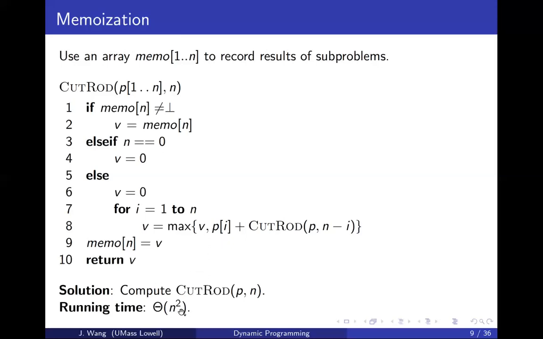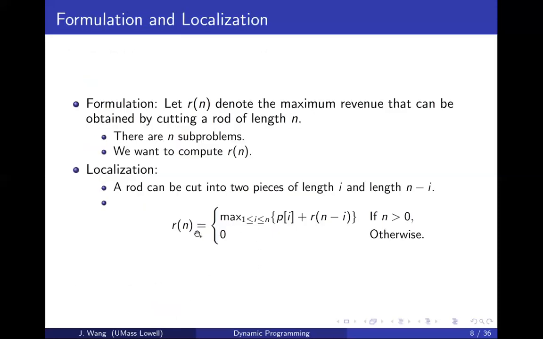And the running time is, as you can see here, let's go back. For n, it depends on n subproblems, and for each I, it depends on I subproblems. So altogether, I from 1 to n.